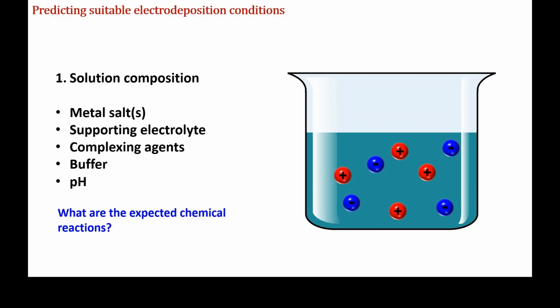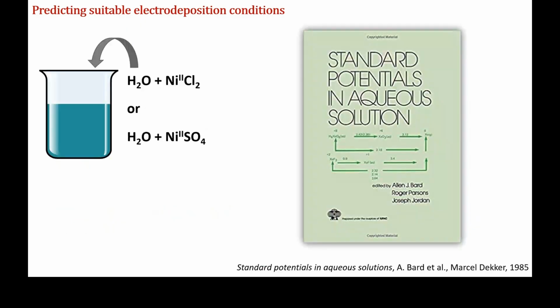To estimate how it might change, and what conditions you're trying to avoid, you need to understand what chemical reactions can actually occur. To do this, we normally go to authoritative textbooks, such as Standard Potentials in Aqueous Solution. I think that's a very famous book that every electrochemistry professor has, I suspect.